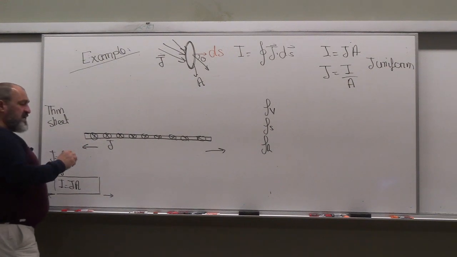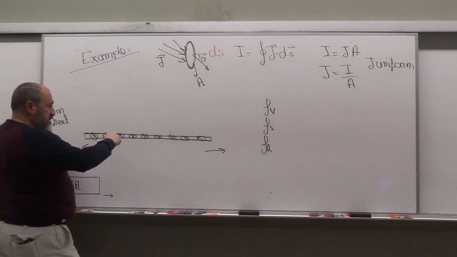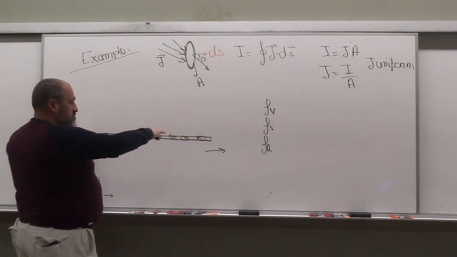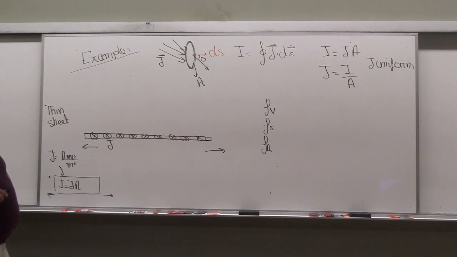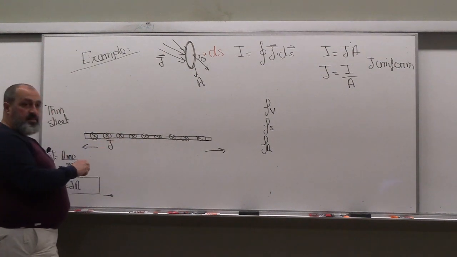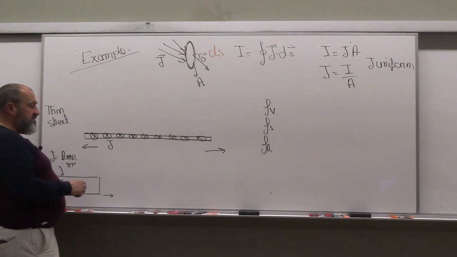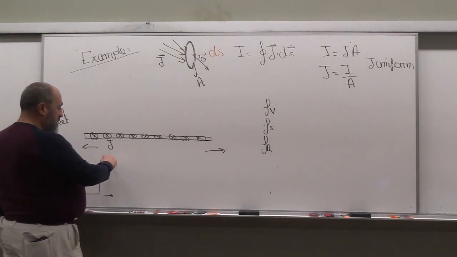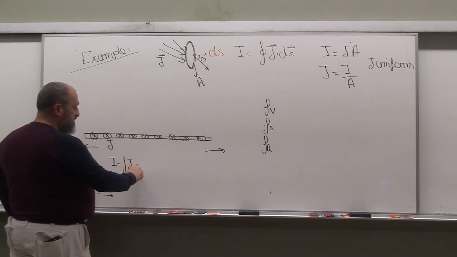However, let's say total current I flows through the sheet, which is long this way and long this way. The current density J is given in what now? Because the sheet is thin, the amount of current flowing through the sheet is given by I equal to the integral of J dl.